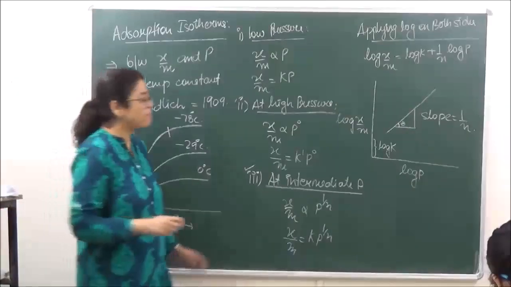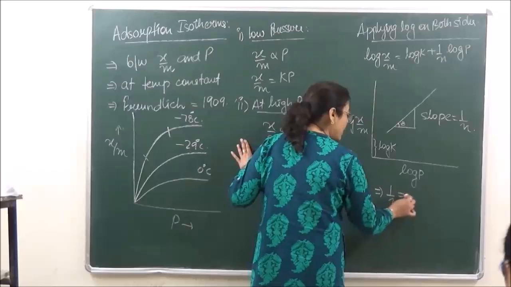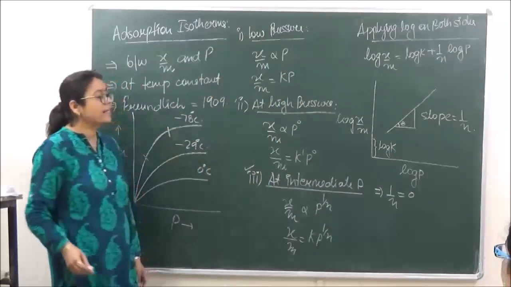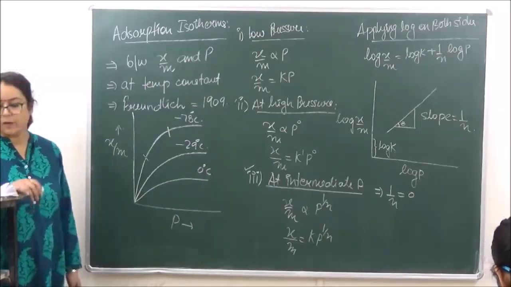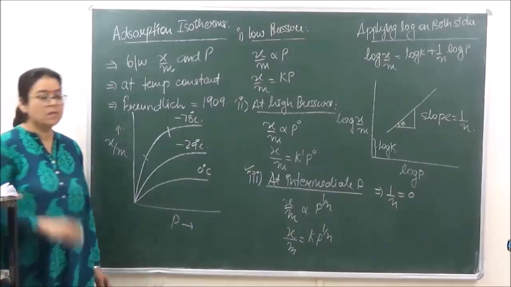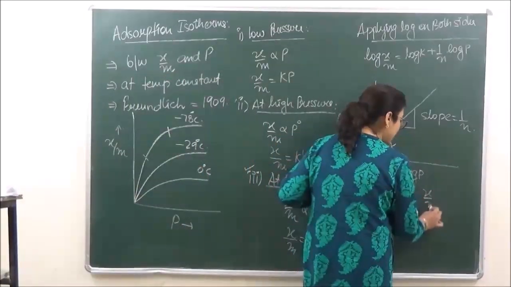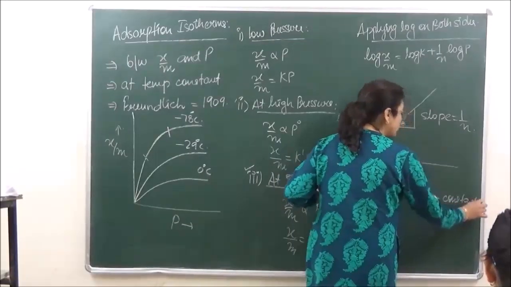Now we have 2 or 3 ranges over here. Let's say the value of 1 upon n comes equal to 0. We are calculating the value of 1 upon n from the slope. If the value of 1 upon n becomes 0, then remember that x upon m is going to be constant.